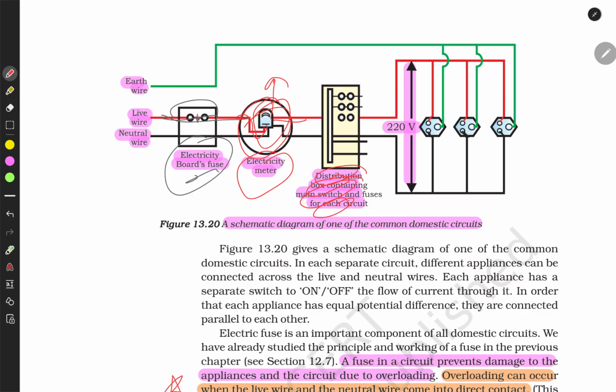We have just discussed, we have two types of circuits, one for 15 ampere, and one for 5 amp. 15 amp for heavy loaded, heavy electricity required appliances. This is for the low, small bulb, charging phones and all that.